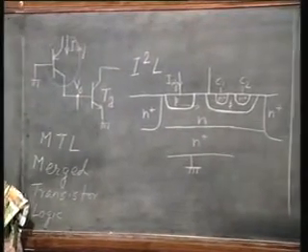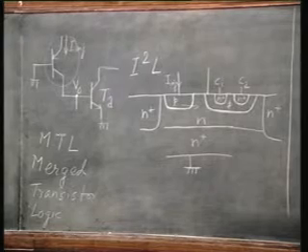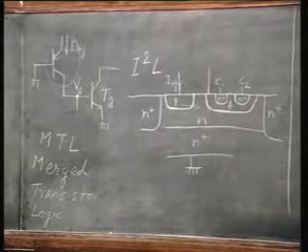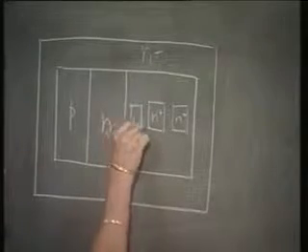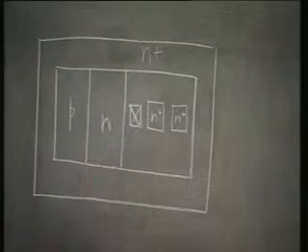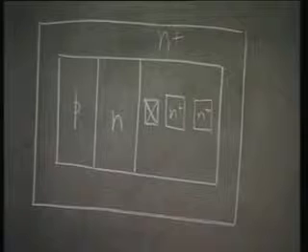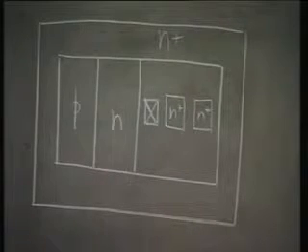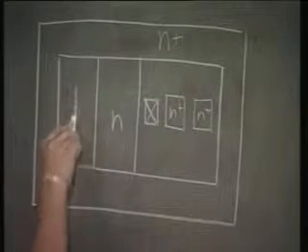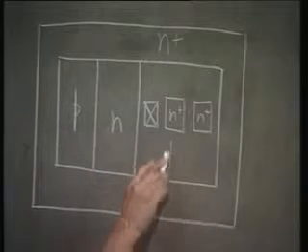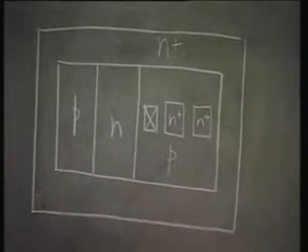I must have a contact here. So, I should have a contact for base in this region. Okay? So, this is the N plus collar, this is my PNP transistor and this is my NPN transistor.